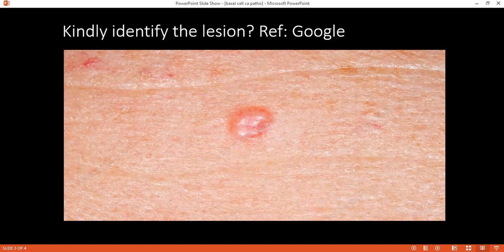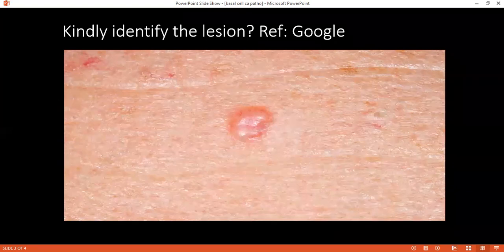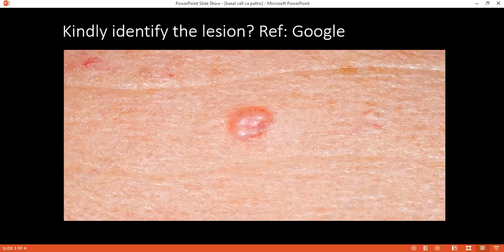Yes. All right. Suppose it's basal cell carcinoma, can you tell me the pathogenesis behind it, how this basal cell carcinoma occurs? Can you tell me the pathogenesis of basal cell carcinoma? Or the natural history, you can tell me.